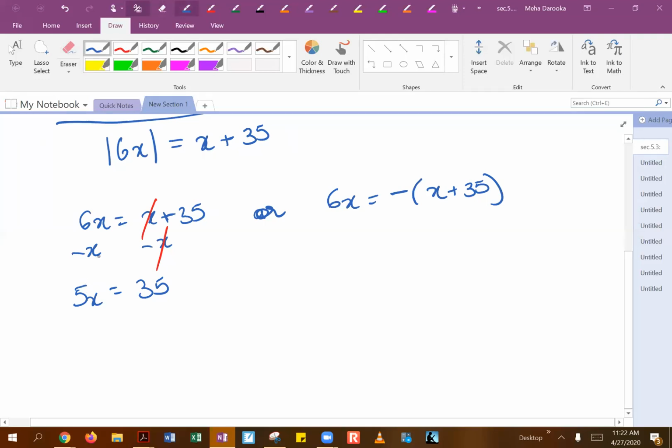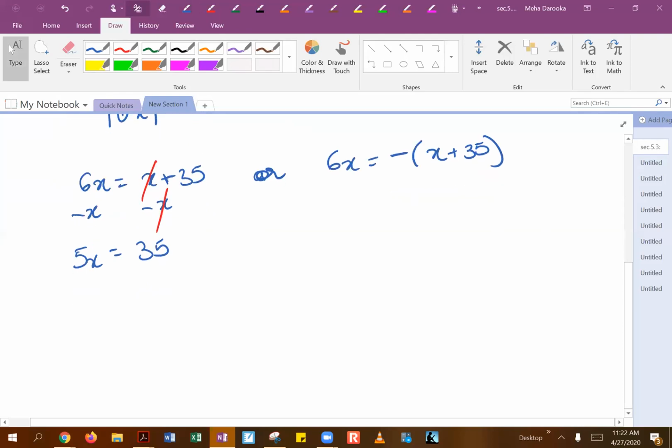So what are we going to get for our x value? Then you divide by 5 and you'll get 7. Yeah, very good. 5 will go into 35 7 times. Okay, so that's going to be from that left-hand side.